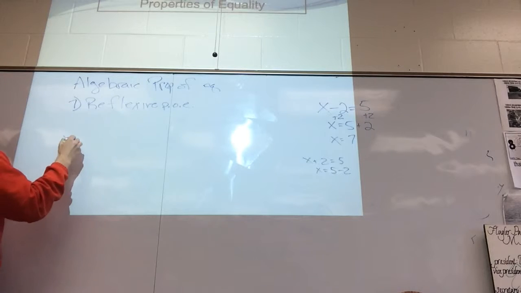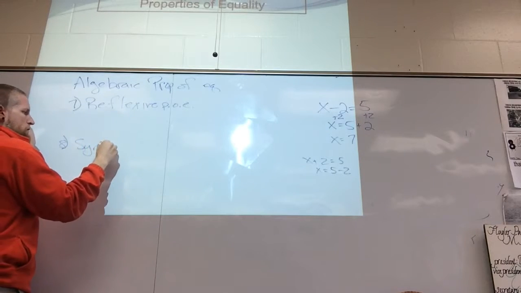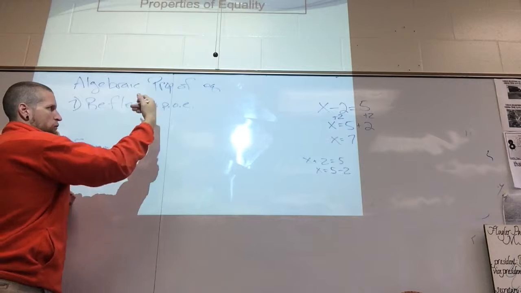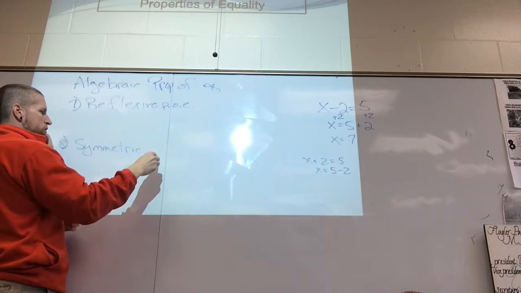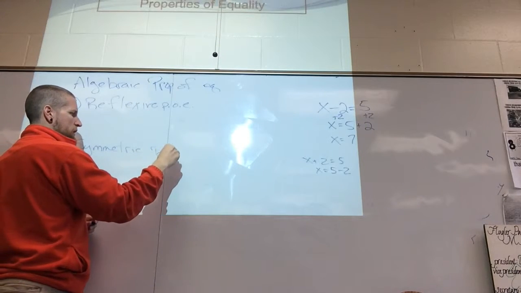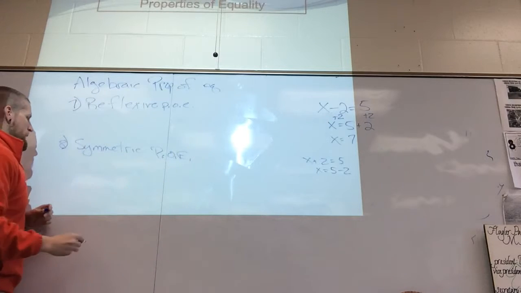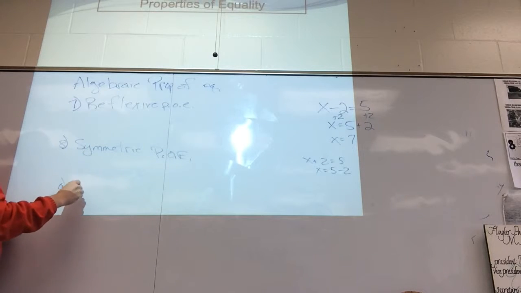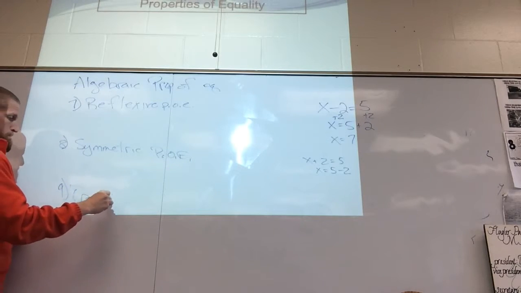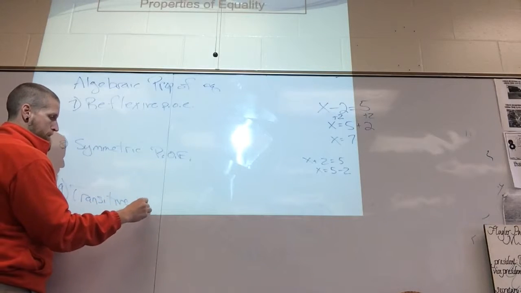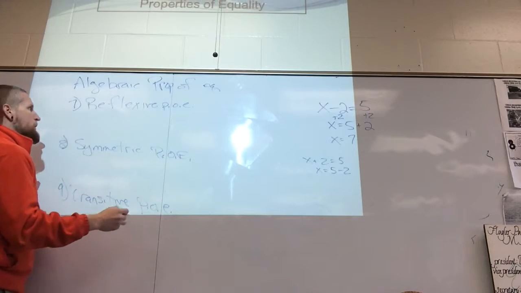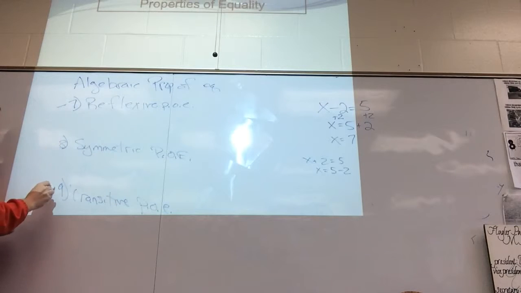Then there is, and I'm going to fill in below it what these are, but I'm going to write them out first, symmetric property of equality, and then transitive. Okay. This one and that one are the ones that you're going to use the most. The symmetric one doesn't come up as much. All right?